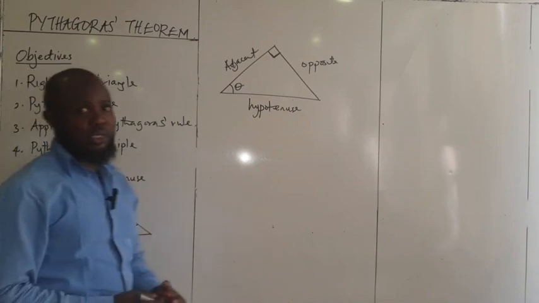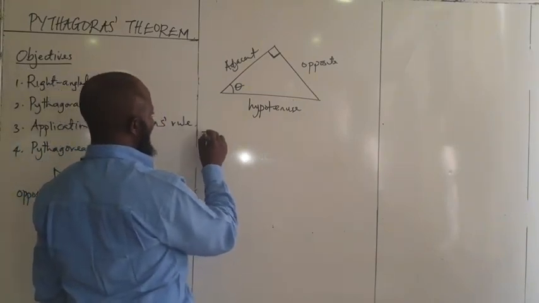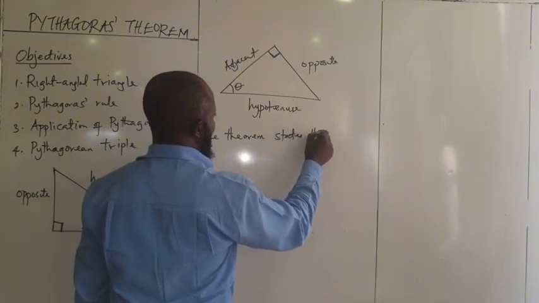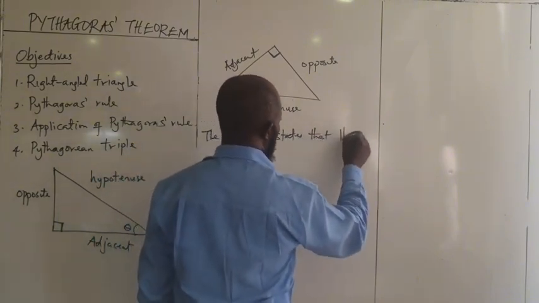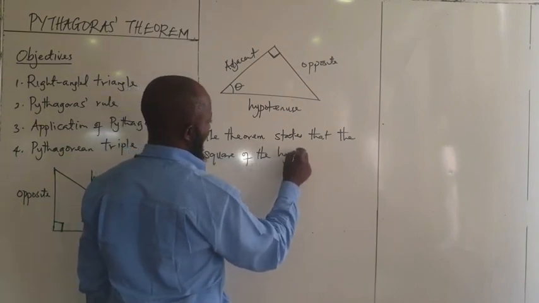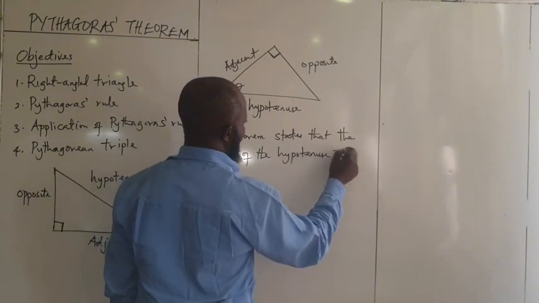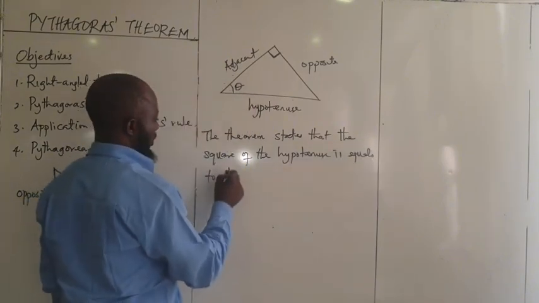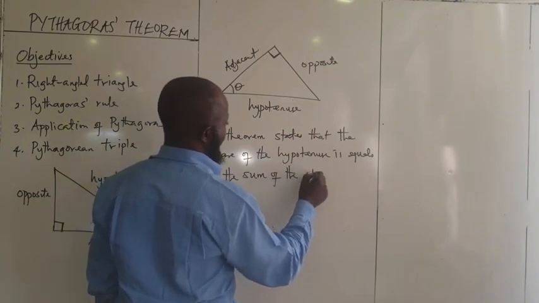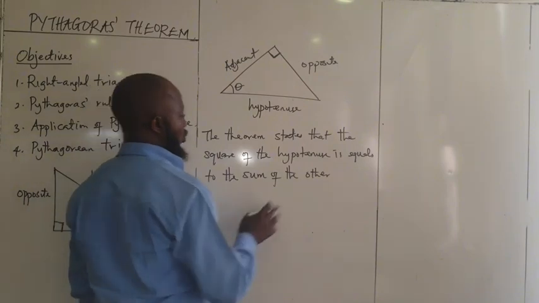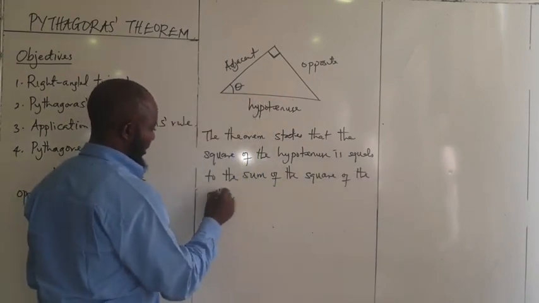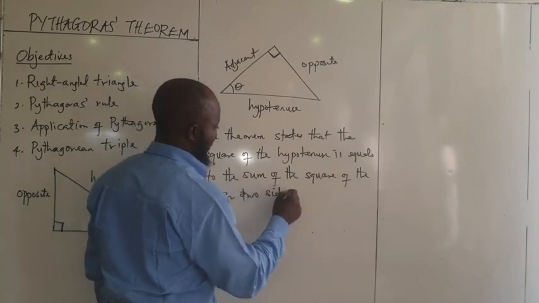Then what does the Pythagoras rule say? What does the theorem say? The theorem says that the square of the hypotenuse is equal to the sum of the squares of the other two sides, that is, opposite and adjacent.